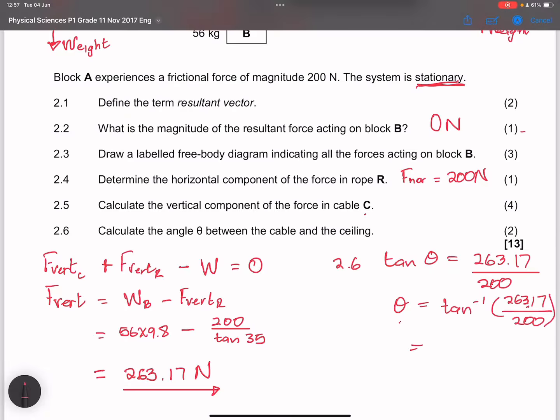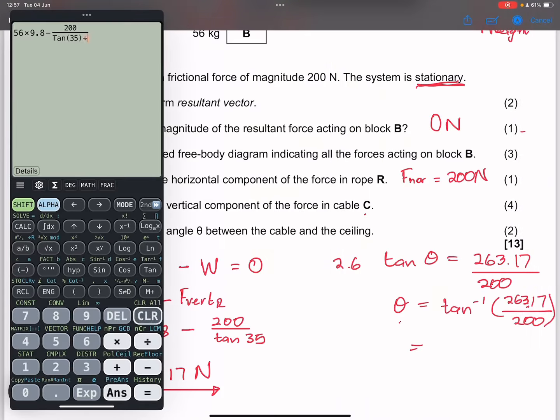Okay, and let's find that angle there. Actually, let me just say shift tan of 263.17 divided by 200. And I get an angle of 52.77. Okay, and that would be our angle theta.